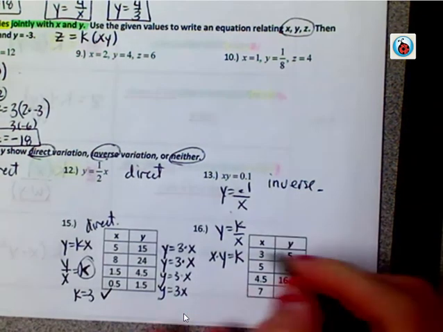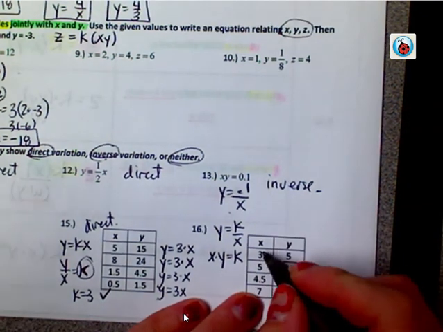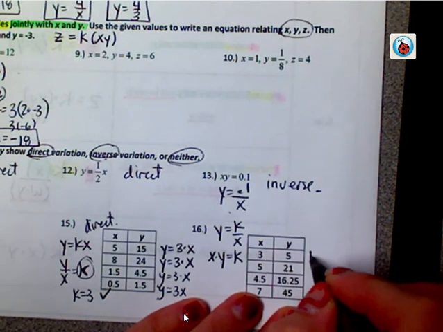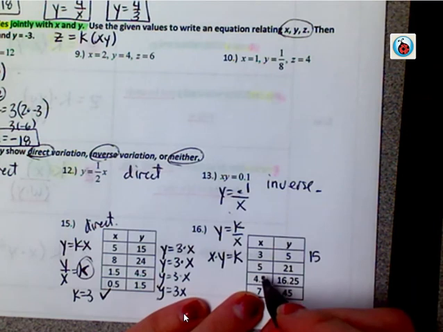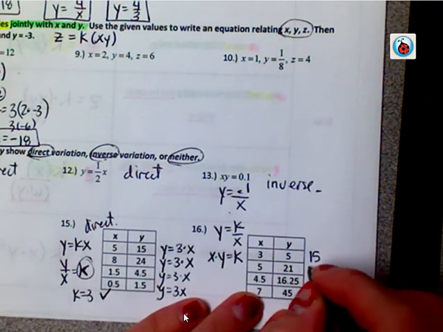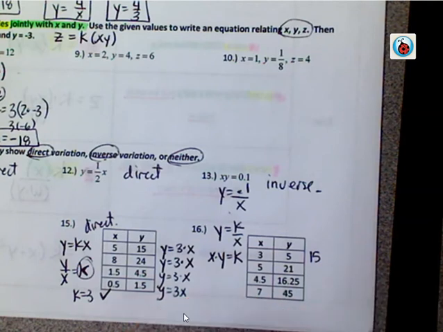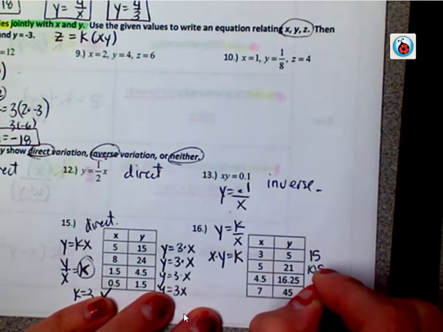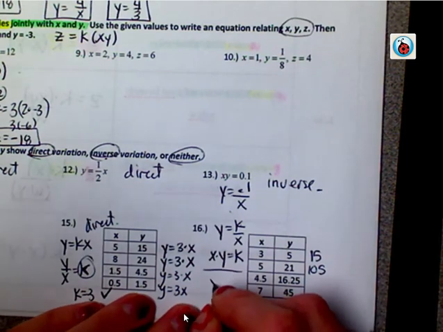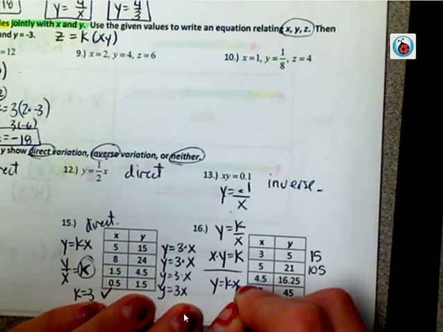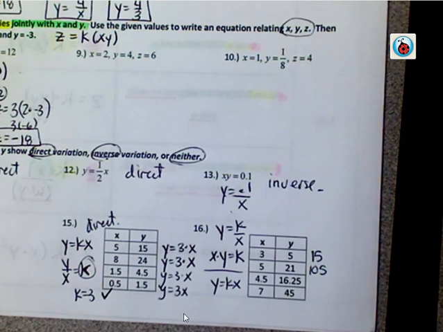So I'm going to try multiplying these quantities together. 3 times 5 is 15. Okay. 5 times 21 is 105. Okay, so not inverse variation. Well, I might as well try direct before I say that it is neither.